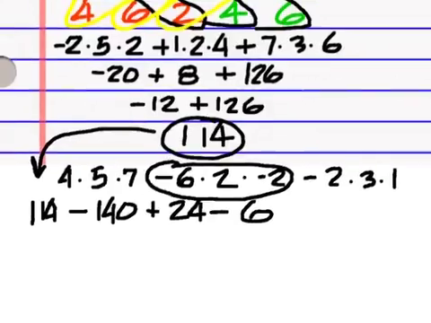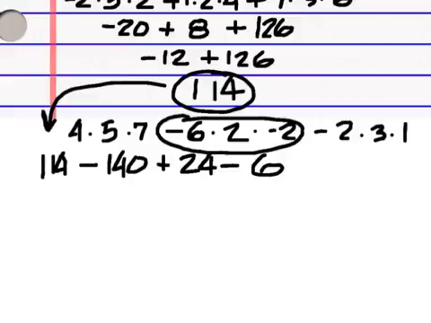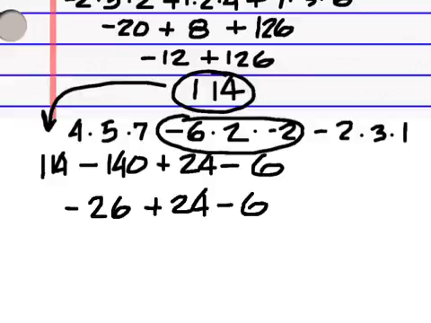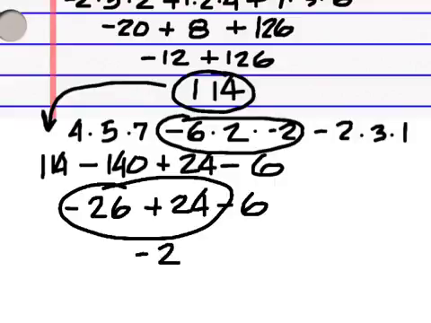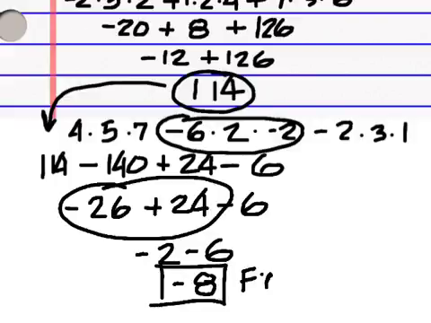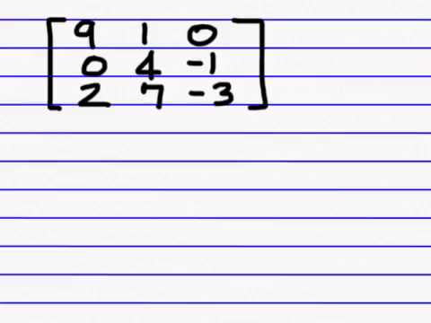And you must solve all of that. 114 minus 140 is going to be a negative 26, and then plus 24 minus 6. This gives me a negative 2, and then subtract 6 to get 8. 8 is the final answer. Negative 8, yes. Negative 8 is the final answer.